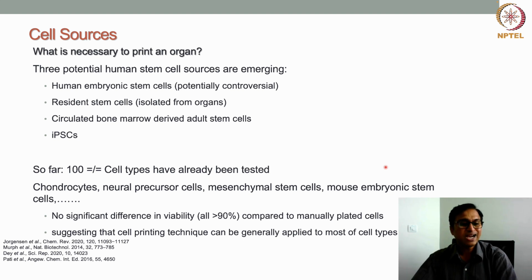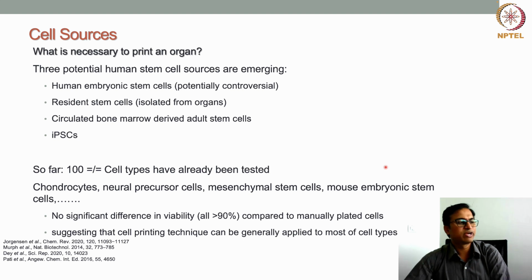So a huge number of cells are required to bioprint any of these tissue structures. Typically in the bioink, we maintain a cell concentration of anywhere between 10^6 to 10^8 cells per ml of bioink.